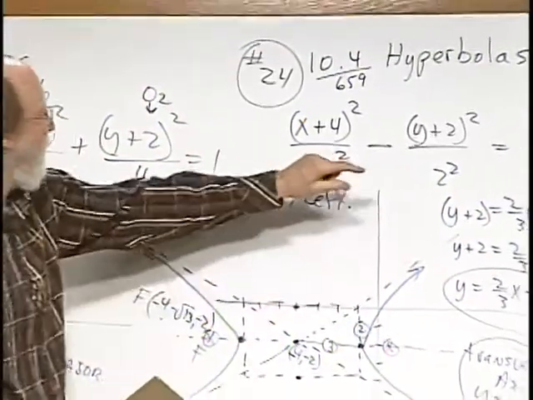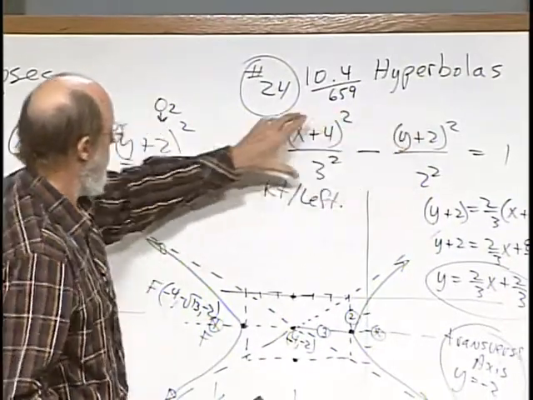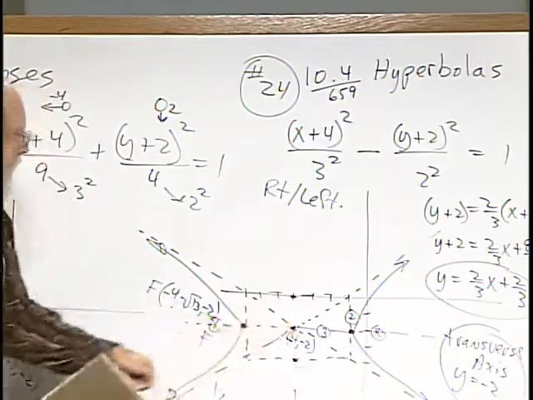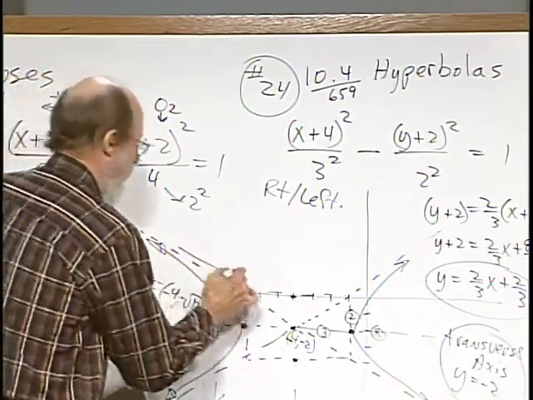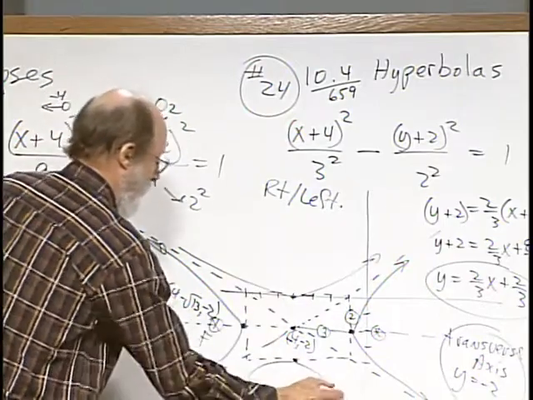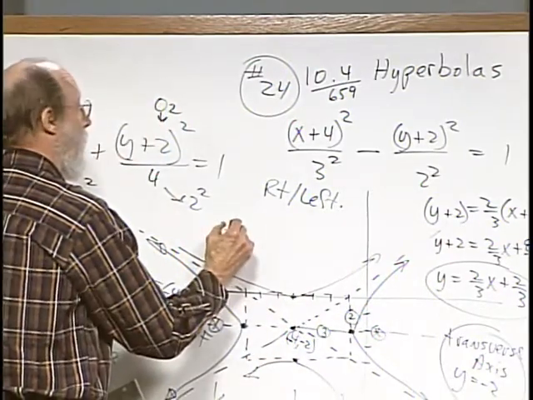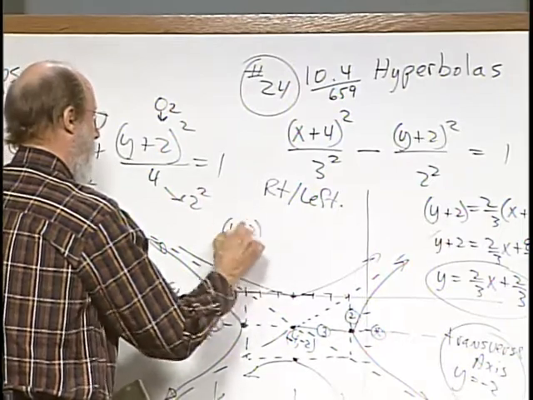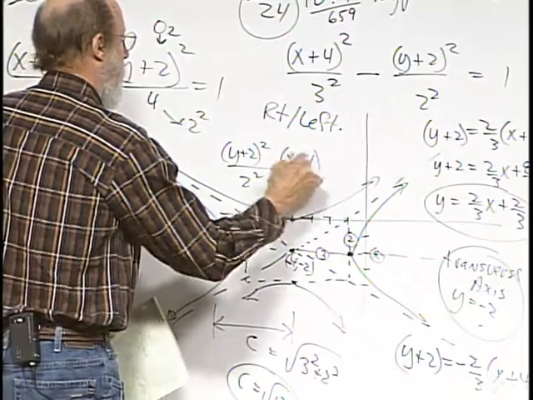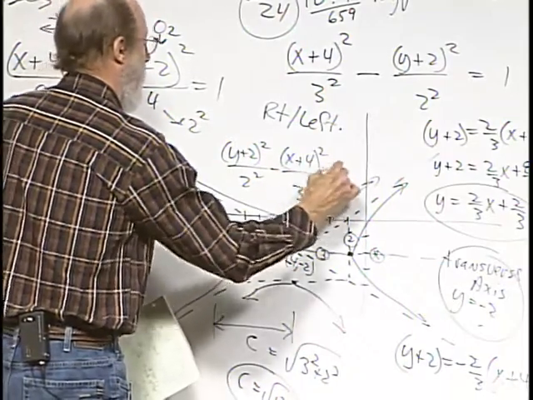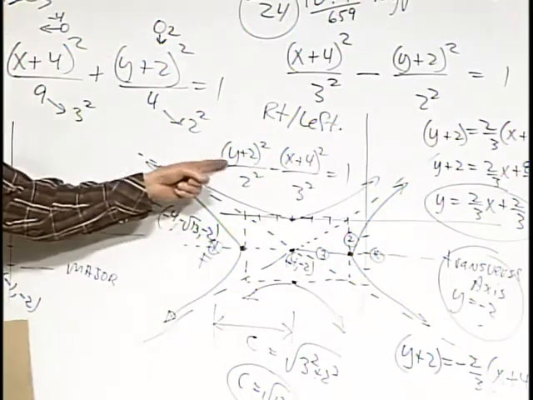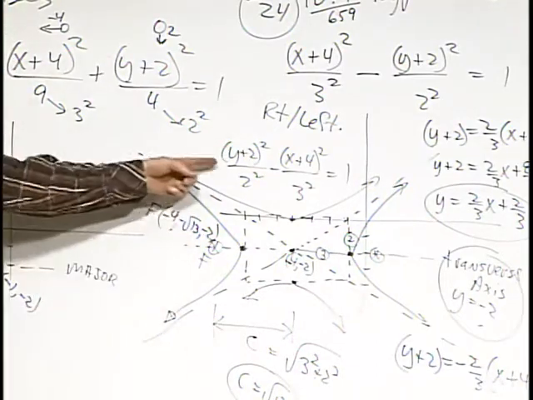If this was reversed, if this term was positive in front, subtracting this x term, it would be the same rectangle and the graph would be an up-down opening one, like this. And the equation of that one would be your y plus 2 quantity squared over 2 squared minus x plus 4 quantity squared over 3 squared equals 1. That would be the up-down opening one with the positive term being on y.